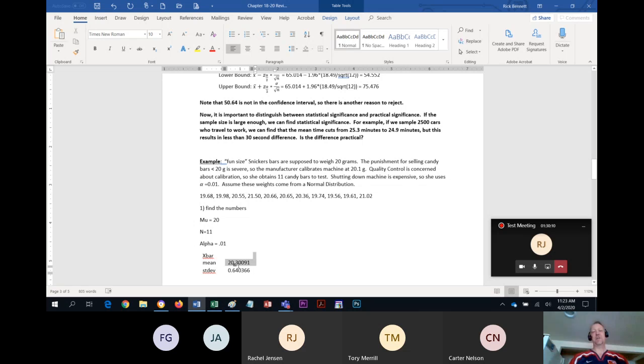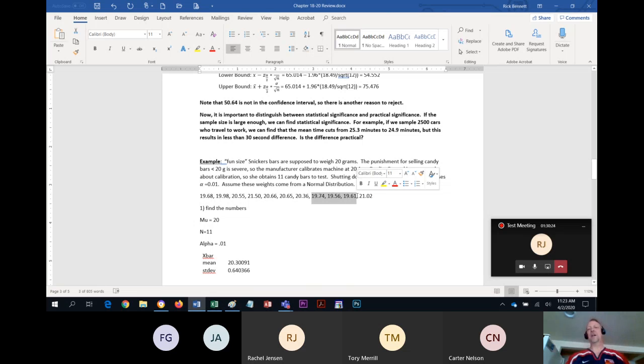So a lot of times we talk about the mean weight, and the mean weight was okay. Yeah, you might cheat a couple of customers, but one way to look at it is 1, 2, 3, 4, 5. So 5 out of 11. That's about half your customers getting underweight.